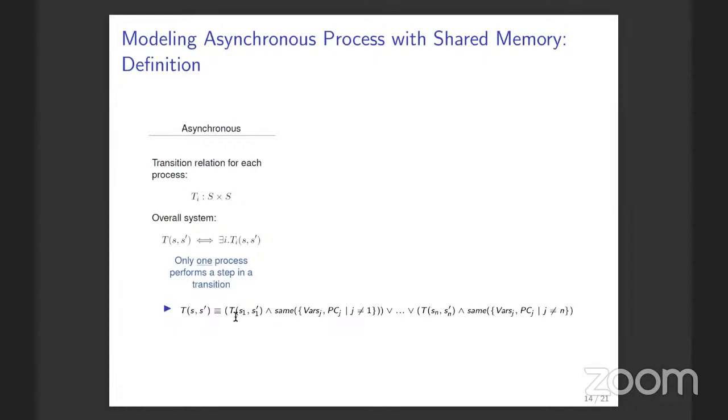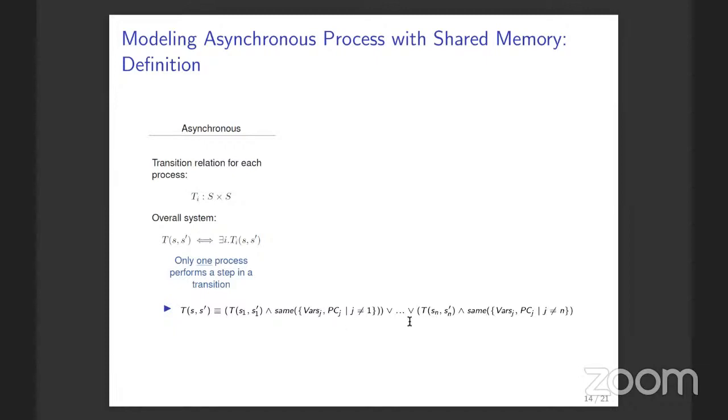The next state is defined by the individual transition system. If I pick the first one, I keep all the state variables in the other components the same. Okay, and that's what I'm doing.